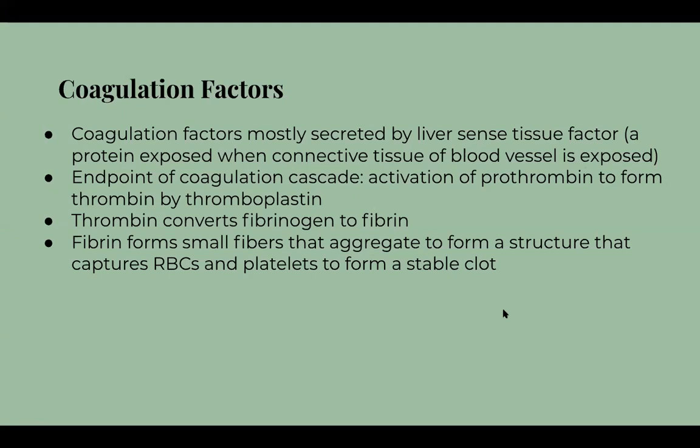Okay, so let's talk a little bit more about what these coagulation factors are. As I mentioned, they're just proteins involved in the formation of blood clots. Most of these are secreted by the liver. Tissue factor is a protein that is exposed when the blood vessel is damaged and then exposes the connective tissue.